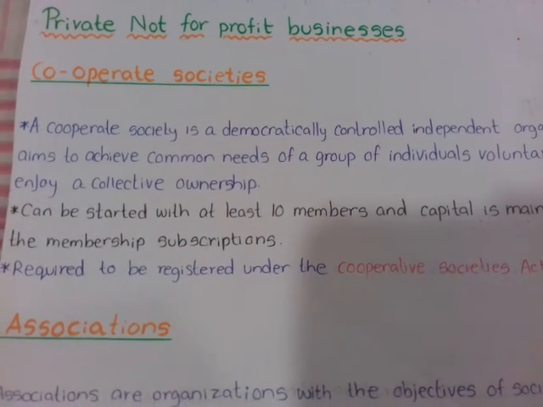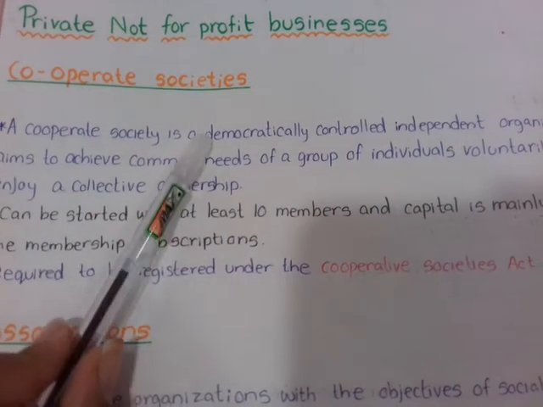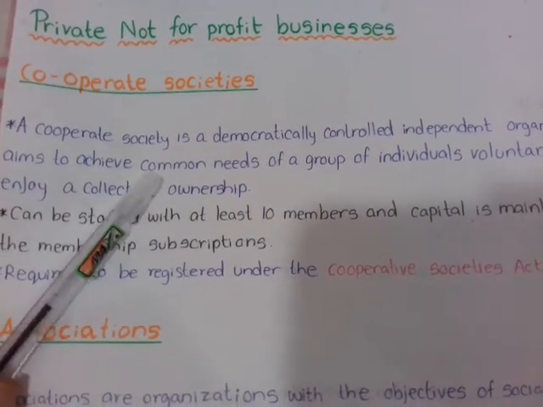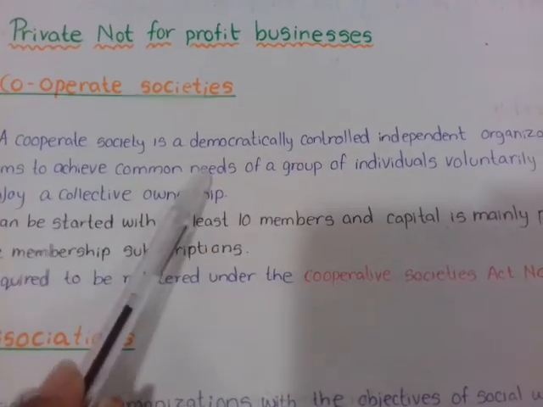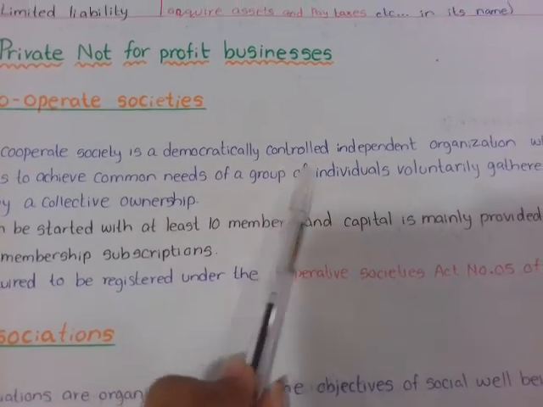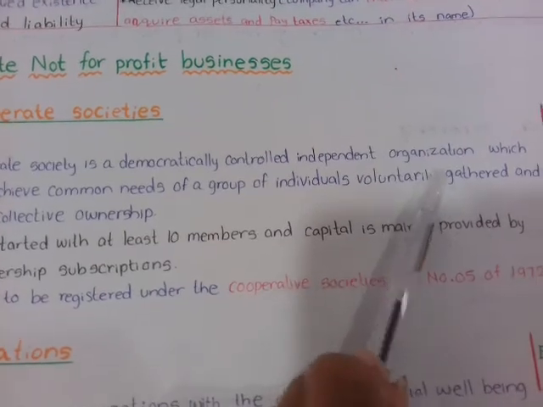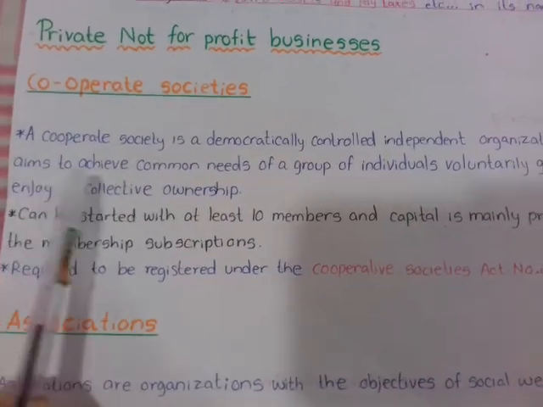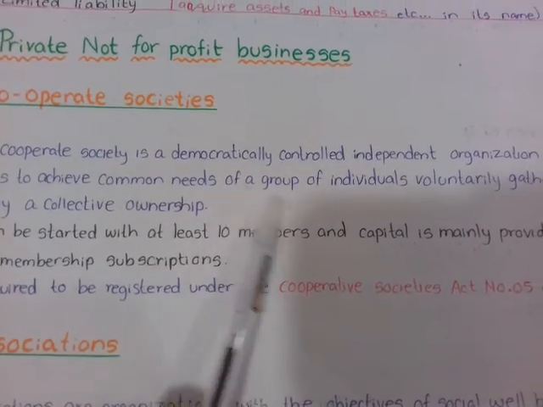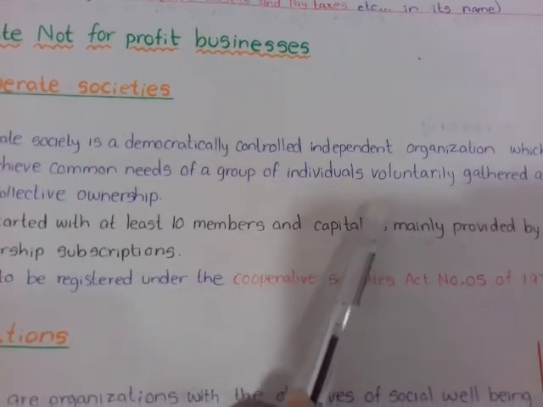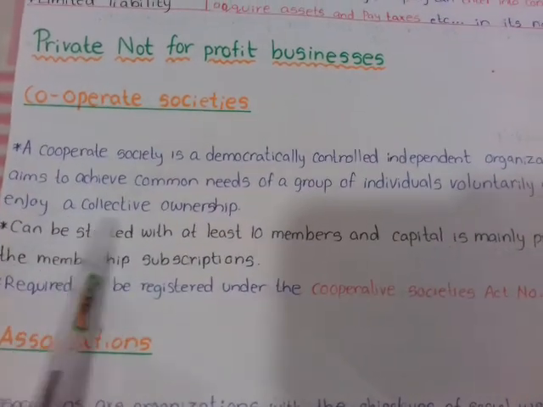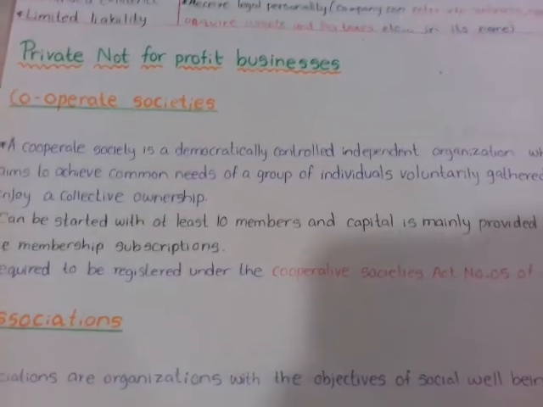So what are cooperative societies? A cooperative society is a democratically controlled, independent organization which aims to achieve common needs of a group of individuals voluntarily gathered and enjoy a collective ownership.